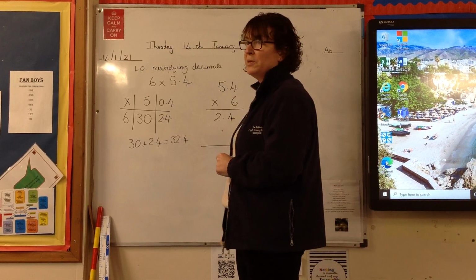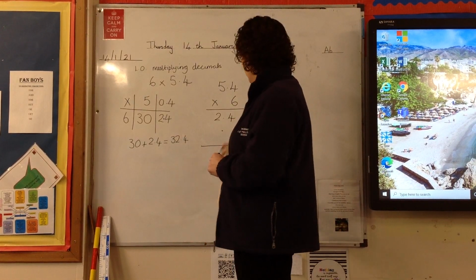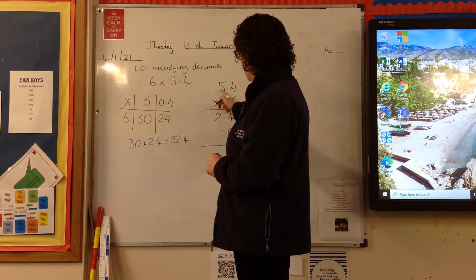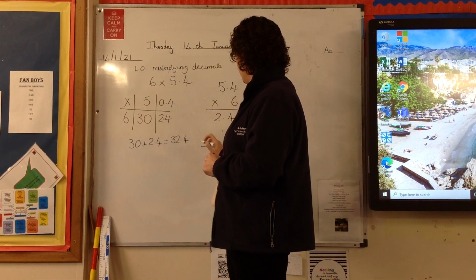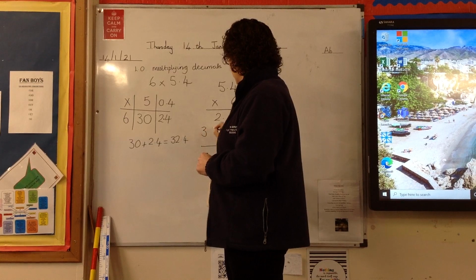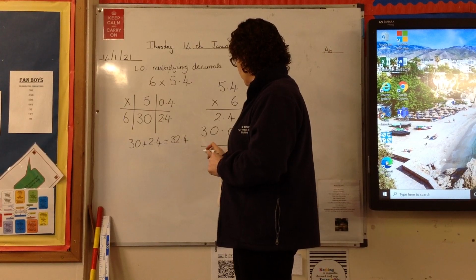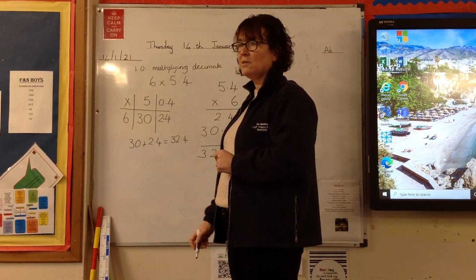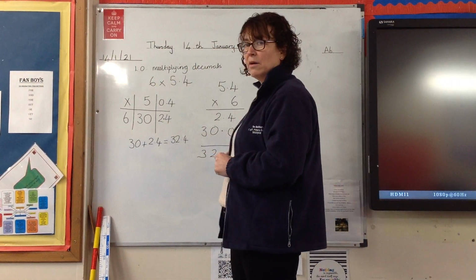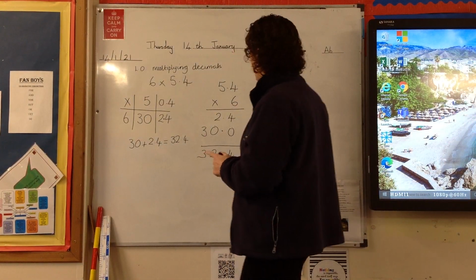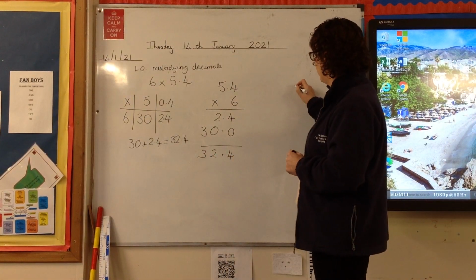You can put your decimal point there as well if it helps to remember. Put a 0 there. 6 times 5 is 30. Then add those. So those that are using the expanded method, does that look okay? Now the compact method, very similar.